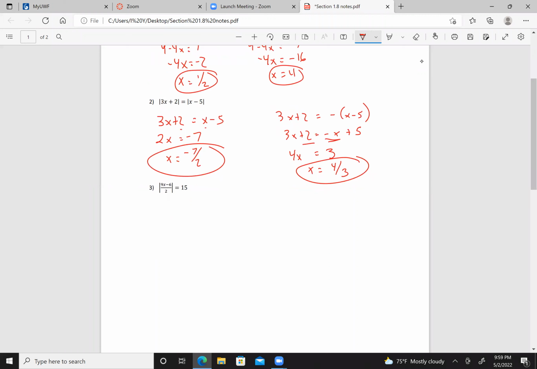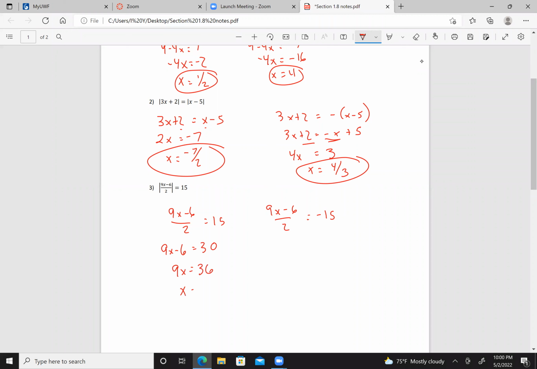Okay, so here we have a fraction: the absolute value of (9x minus 6) over 2 equals 15, so 9x minus 6 over 2 equals 15, and 9x minus 6 over 2 equals negative 15. So first multiply by 2, we get 9x minus 6 equals 30. Add 6, we get 9x equals 36.